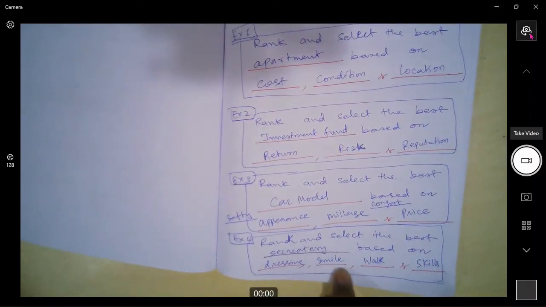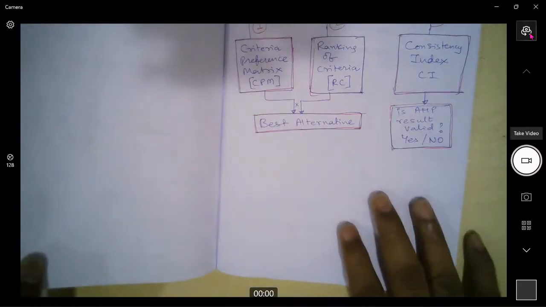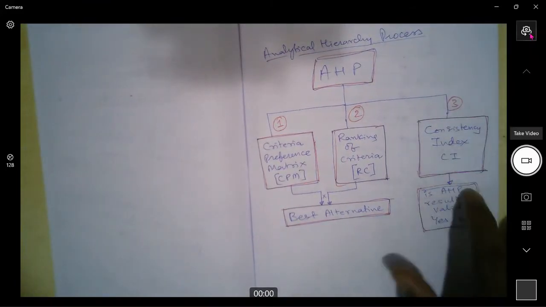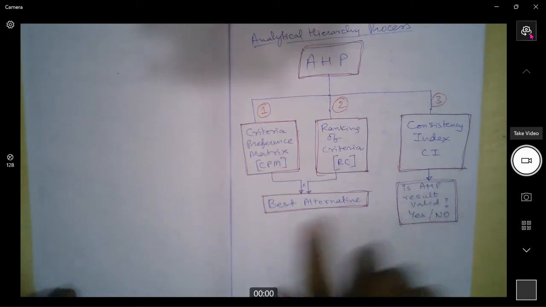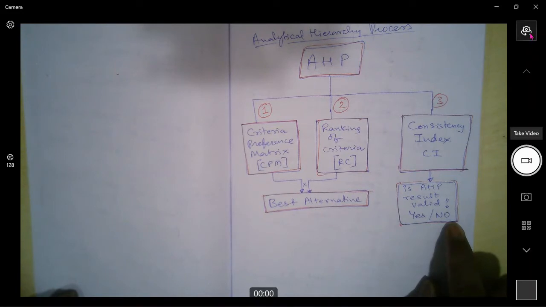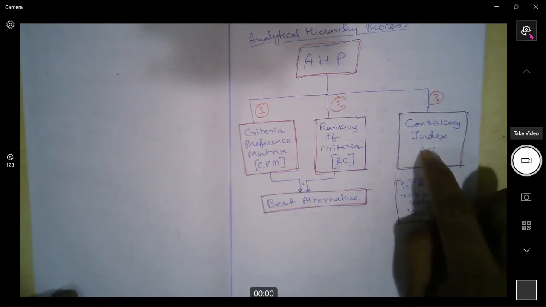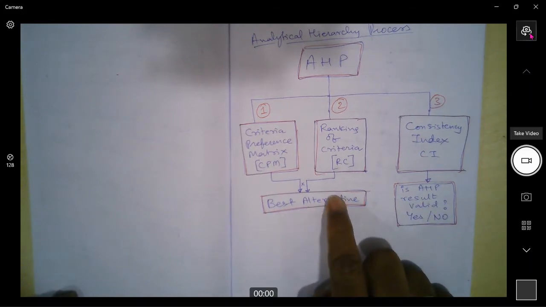So whatever the analysis is, it has to be consistent. To check the consistency of those choices, there is this consistency index you need to calculate, and the consistency index will tell you whether the result that we obtained here is valid, yes or no. If the AHP result, based on this CI, is valid, then yes, you can consider this as a good thing.